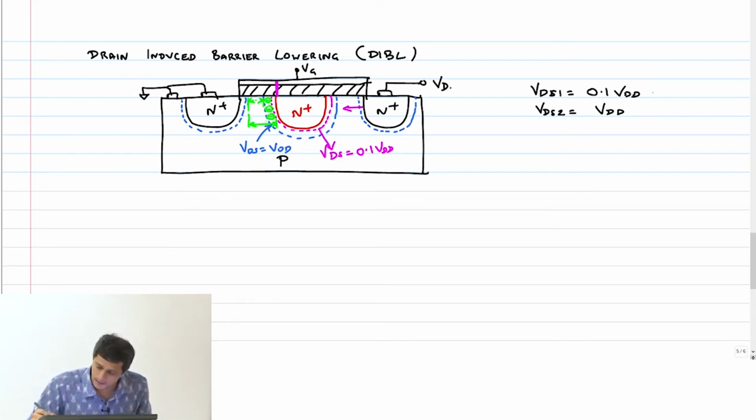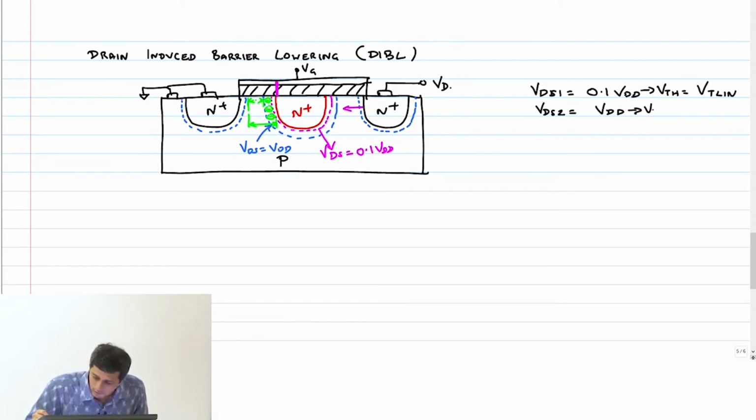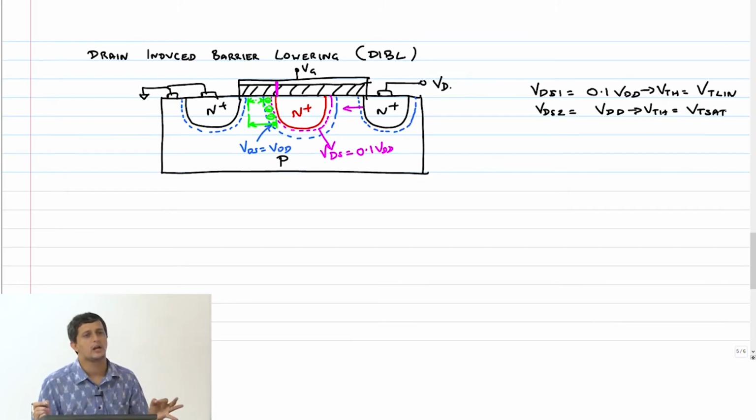Therefore, the threshold voltage corresponding to this region, VTH, is called VT lin, threshold voltage of the transistor in the linear region of operation, and this obviously is called VT sat. For long channel devices, VT sat equals VT lin, but for short channel devices these two numbers are different, and they are different because of the intuitive explanation I gave you, and that is called drain induced barrier lowering.